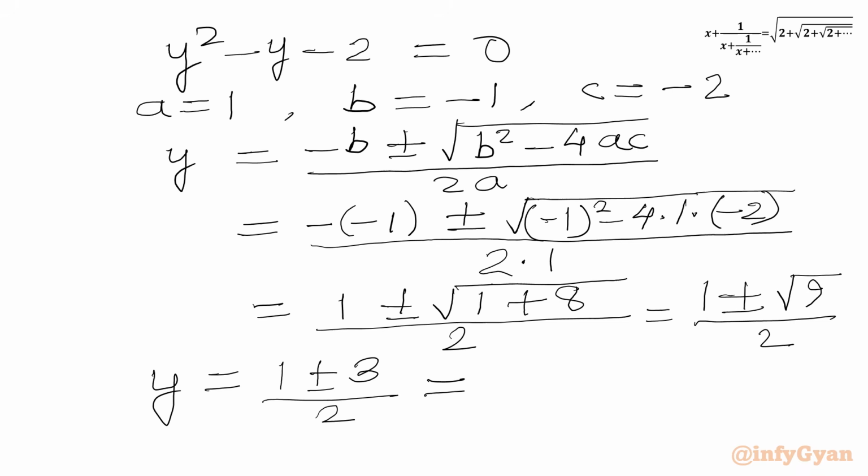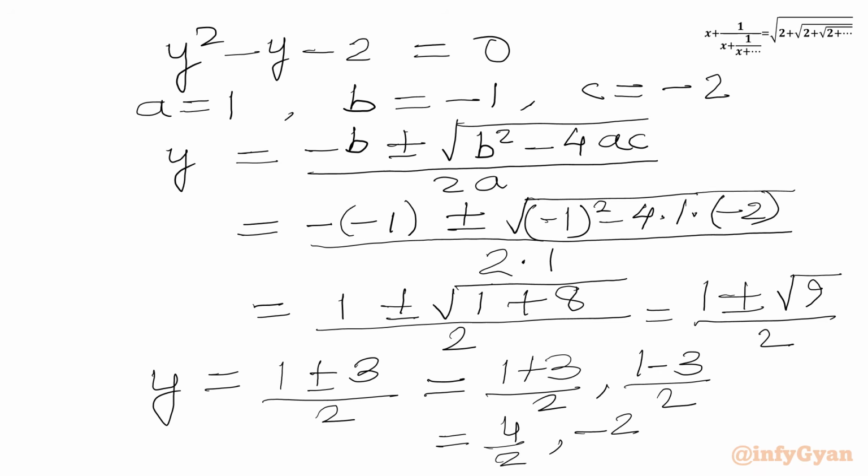So we have two values, 1 plus 3 over 2, 1 minus 3 over 2, which will be equal to 4 over 2 and minus 2 over 2. 4 over 2 is 2, minus 2 over 2 is minus 1. So we have y equal to 2 and y equal to negative 1.